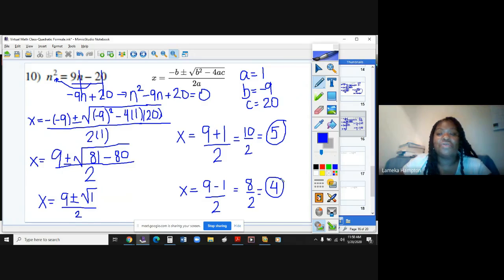What I'm saying to you is this. 5 and 4 are your answers for that particular quadratic equation. And if I were to put either of those numbers back into the original equation, they should equal each other. Now, if you want me to prove this, I can.